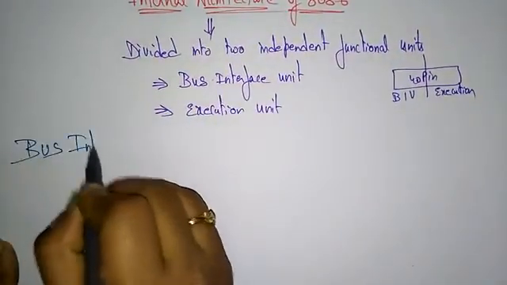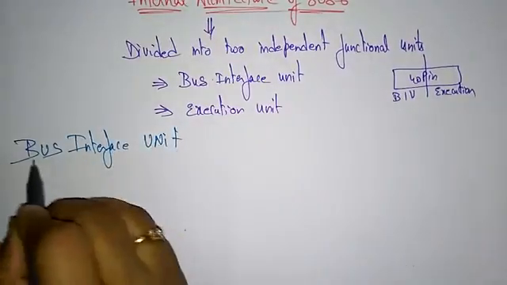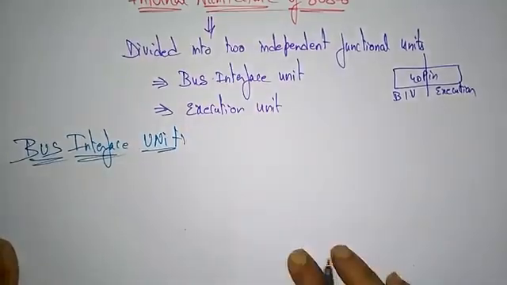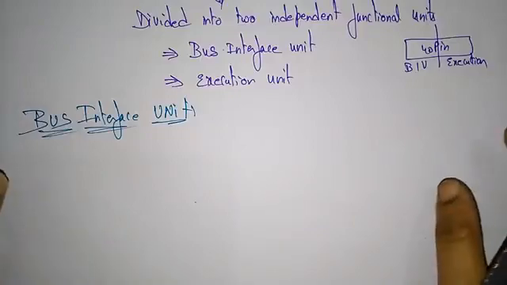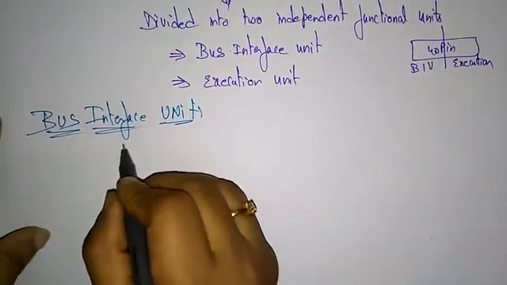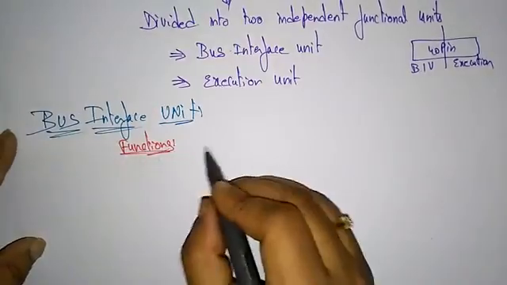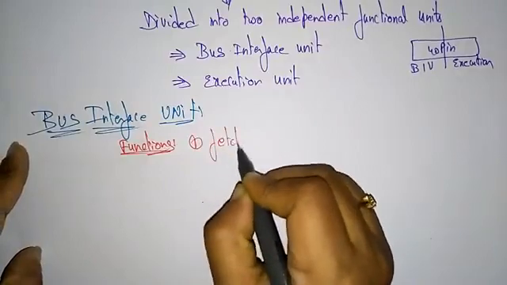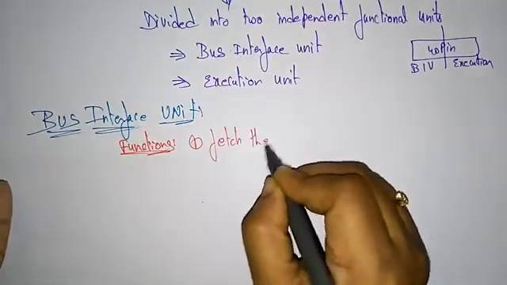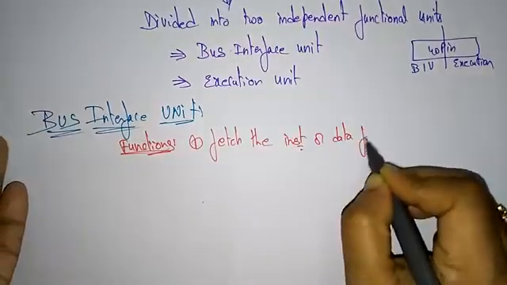Let us see the bus interface unit. First let me explain what the use of the bus interface unit is, and what functions it has. Let us see the functions. First, the bus interface unit fetches the instructions or data from memory.